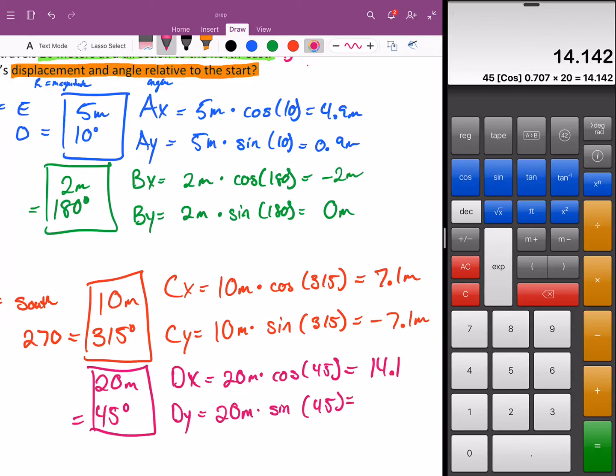So 14.1 meters. 45 sine times 20, 14.1 meters as well.